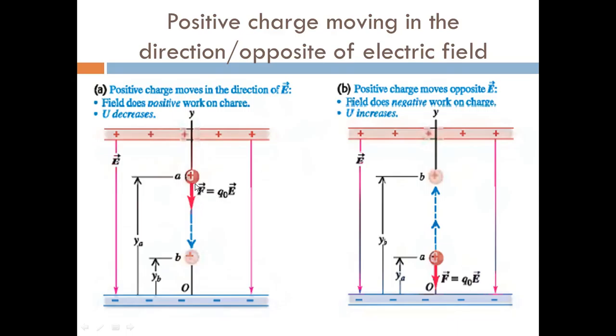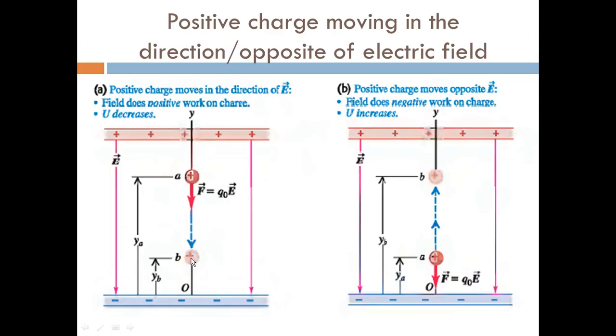This is the total force applied by the two plates, and the corresponding movement would be towards this direction. That force is computed using Q sub O times E. If the charge moves from point A to point B, then the work done is equal to the product of force times distance. The distance is the difference between the levels or heights between point A and point B.